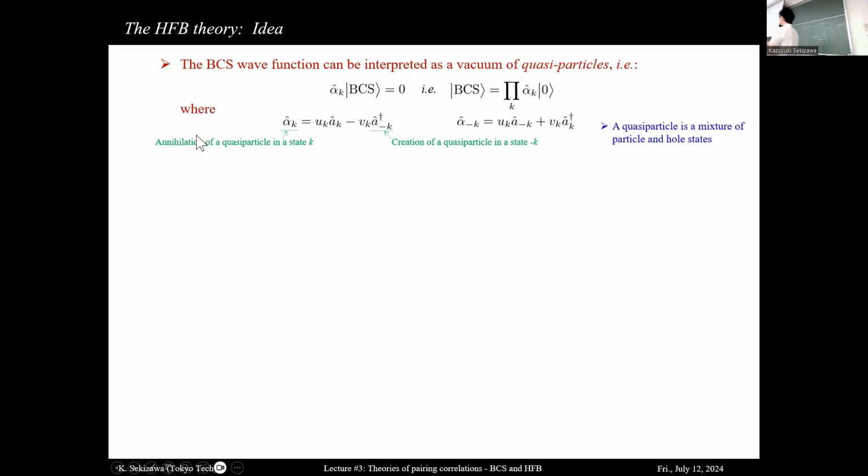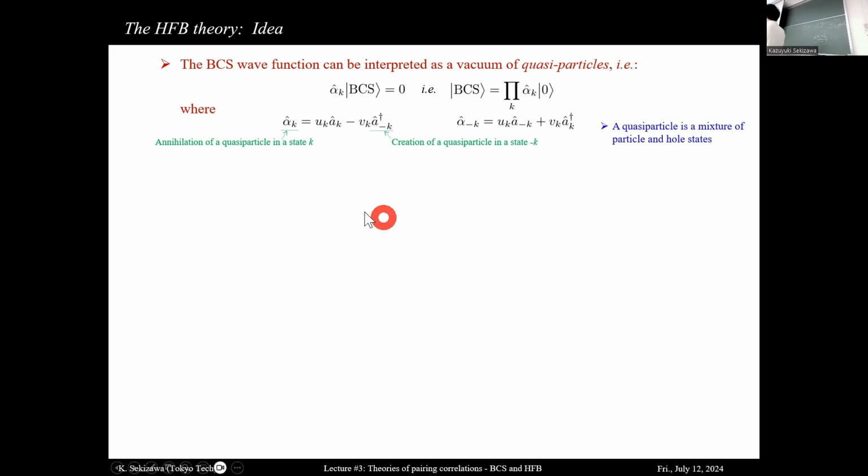In this lecture, you have learned the properties of BCS wave functions. The BCS wave function was written as a product of (u_k + v_k a_k† a_-k†). But it was not clear by looking at that equation. By taking various expectation values, we could learn a bit about the properties.